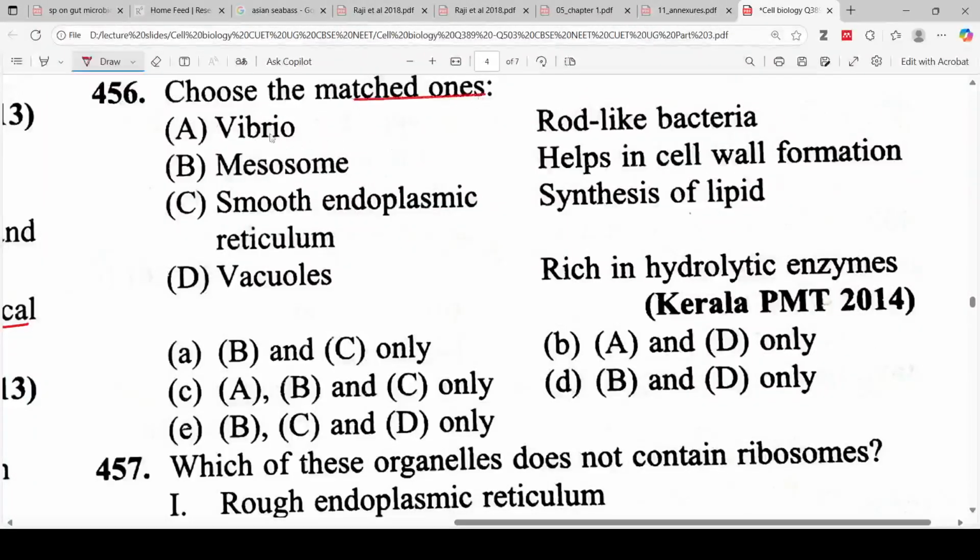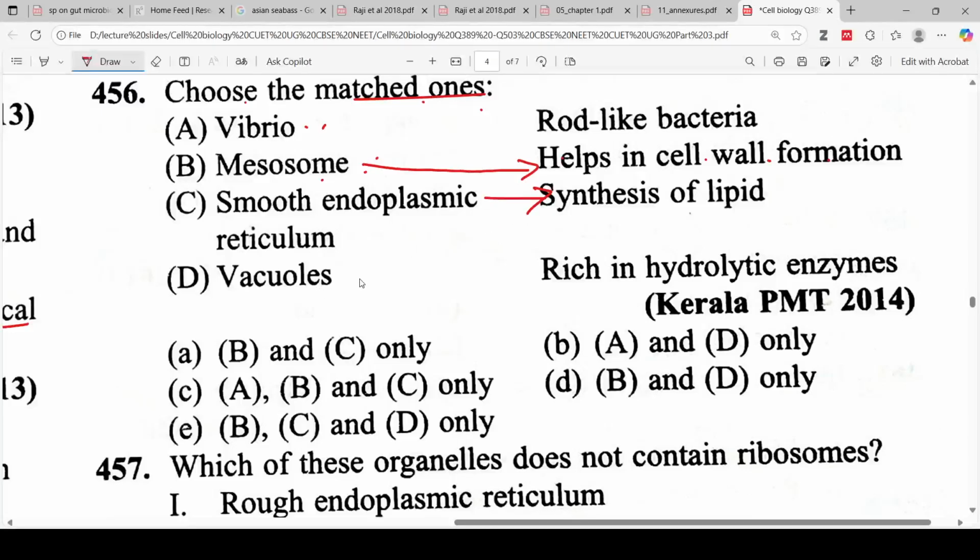Next, choose the matched one. Vibrio is a rod-like bacteria, mesosomes help in cell wall formation, and smooth endoplasmic reticulum is for synthesis of lipid.